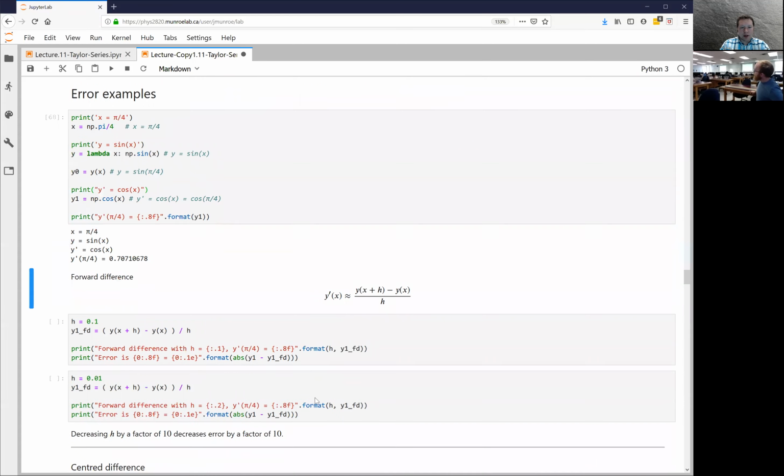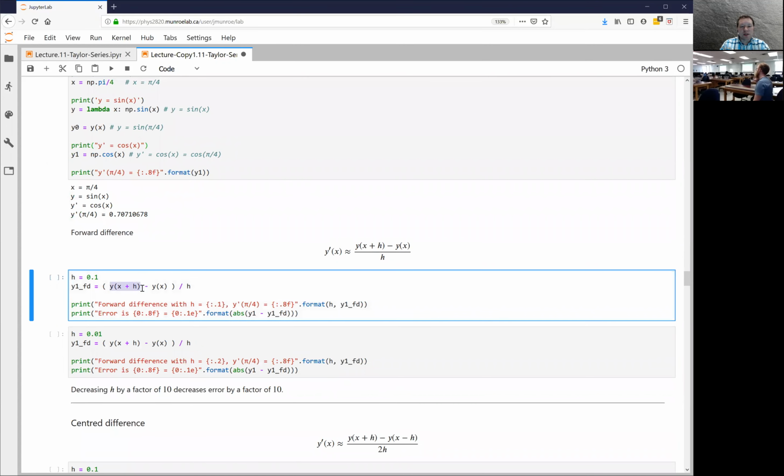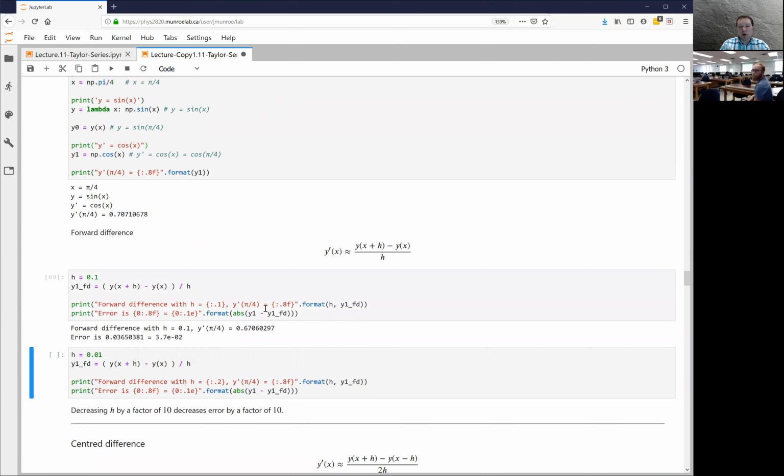In code, what that means is you're taking f of x plus h minus f of x, or y of x plus h minus y of x, and dividing by h. And so what we can do is we can figure out what the value is. 0.67 is the estimate or the approximation, and what the error is. Now, this error is an absolute value here. So we have an error of 3.7 times 10 to the minus 2, or 0.04 all the way through.